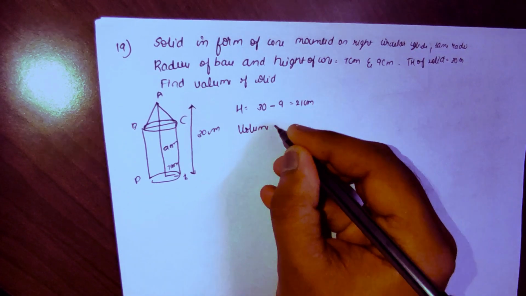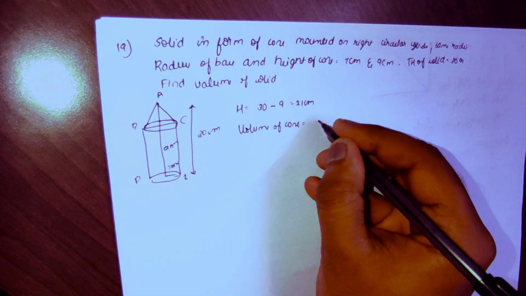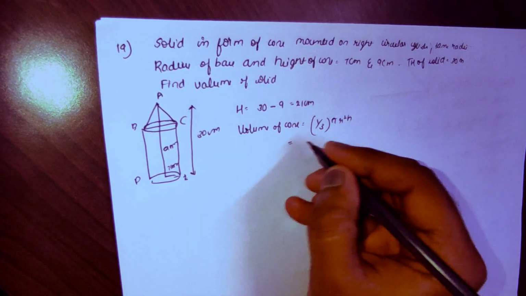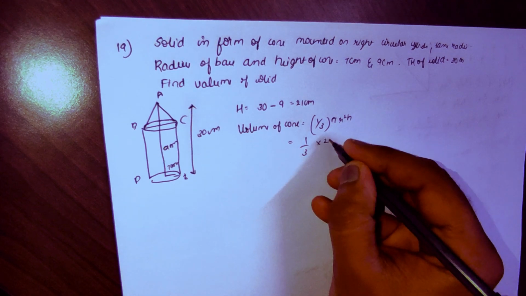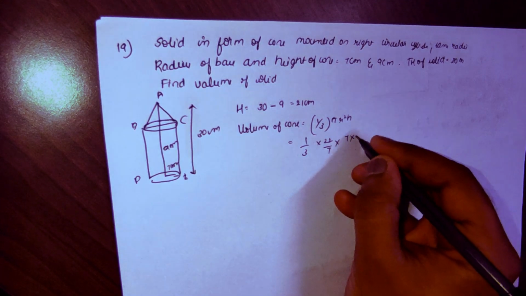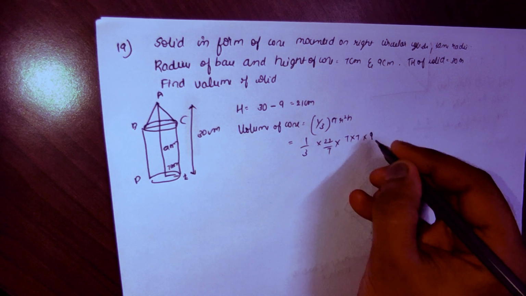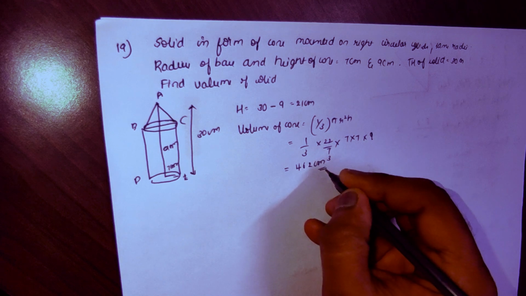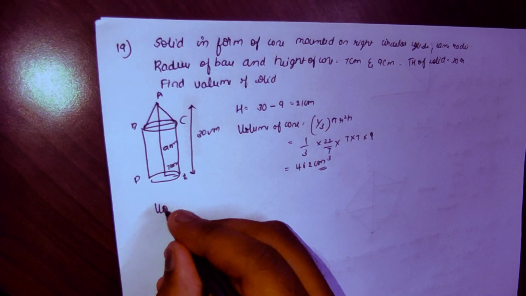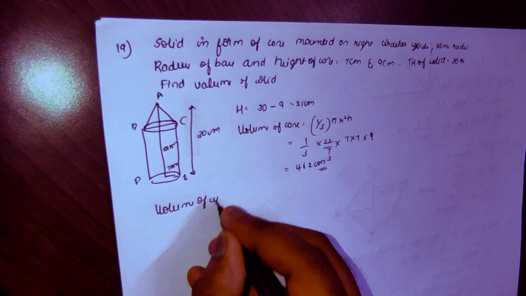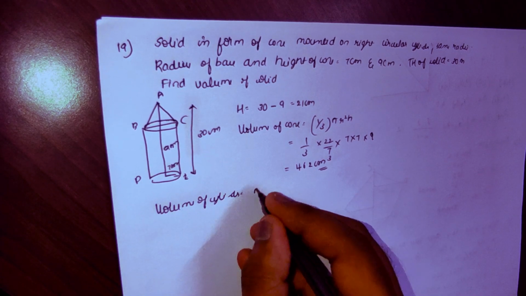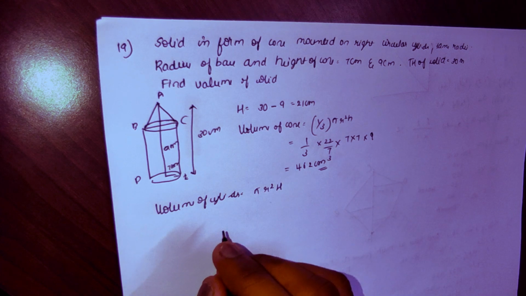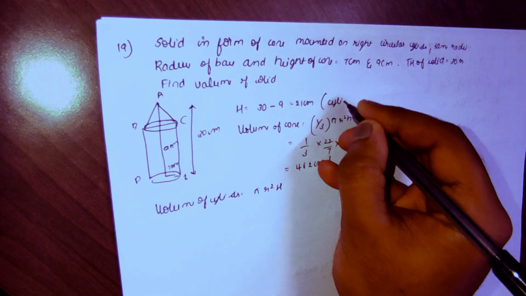Volume of the cone, we know the formula, that is 1 by 3 pi r square h. Substitute the values, 1 by 3 into 22 by 7 into r is equal to 7, height is 9. We will get 462 centimeter cube. Volume of cylinder is equal to pi r square into height. This is the height of the cylinder.